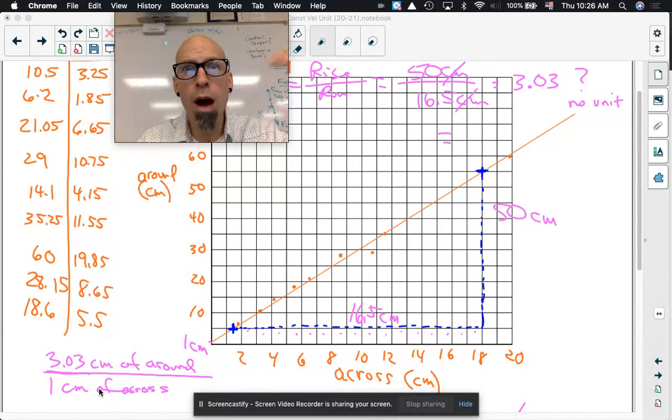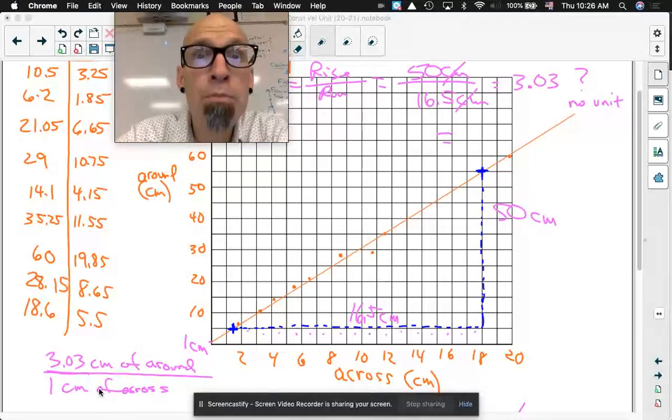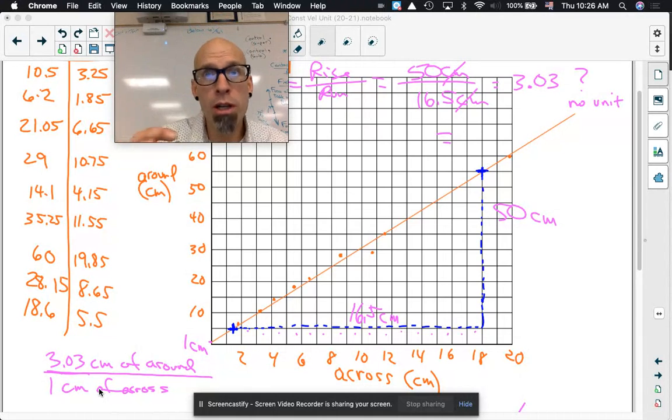So there's about 3 centimeters of around for every 1 centimeter of across. That's what the slope's telling us. It's about a 3-to-1 ratio, which is directly proportional. And the proportion is about a 3-to-1 proportion.